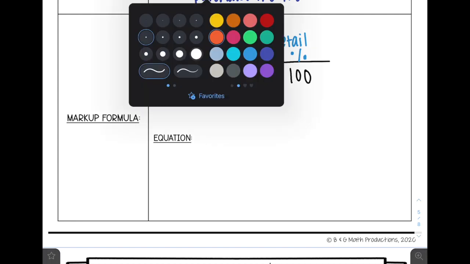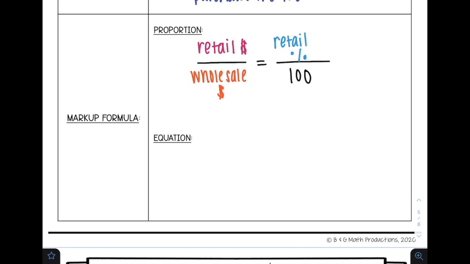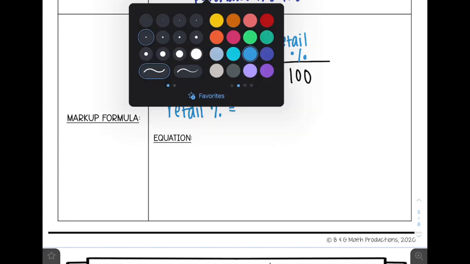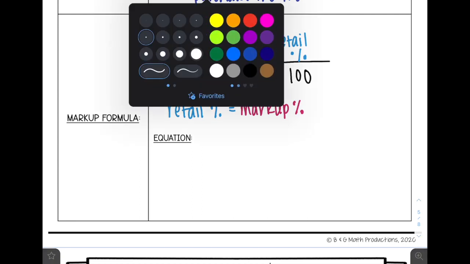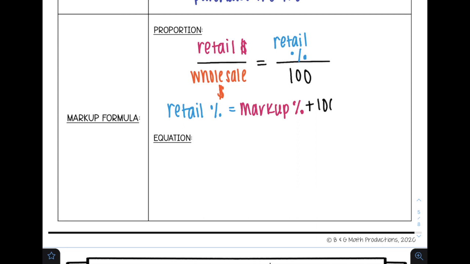Now, in order to find our retail percentage, our retail percent is comprised of our markup, whatever percentage your store is increasing the cost by, and then you're going to add your 100%, your wholesale. So it's 100% plus whatever the markup is, and that's going to get your retail.